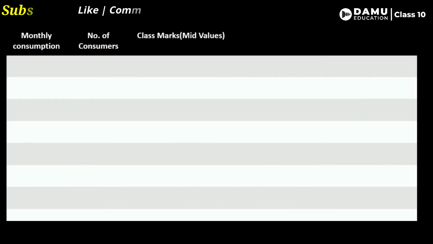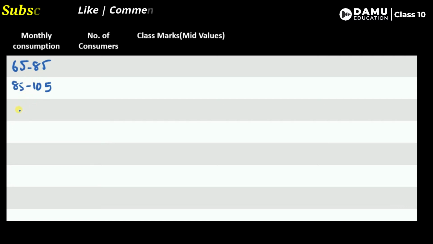So let's move on. Let's write all the intervals. Monthly consumption, let's take the class 65 to 85, then here 85 to 105. Here 20 is the difference.